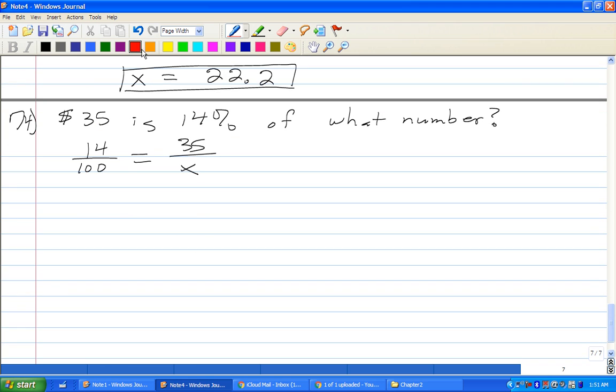And so I have 14x is equal to 35 times 100, 3,500. And so let me divide both sides of my equation by 14.